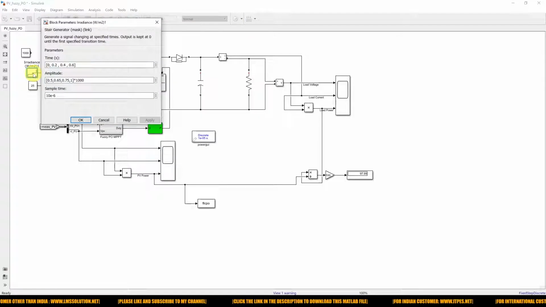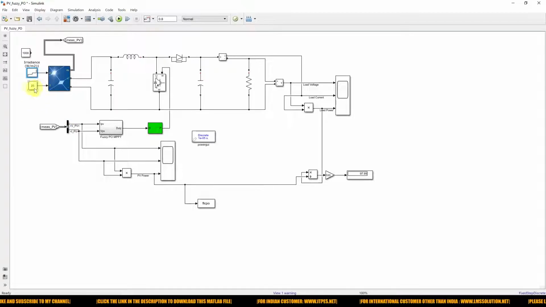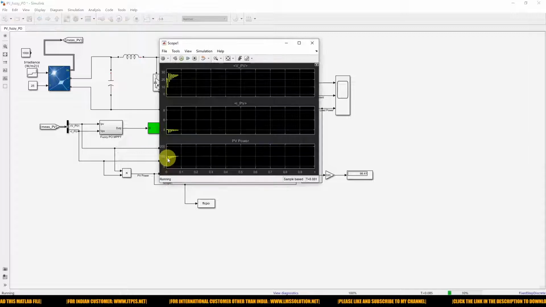Here I'm going to vary the irradiation from 500, 650, 750 and 1000 watts per meter square every 0.2 seconds, and fix the temperature at 25 degrees Celsius. Then we check the results of the system, whether the adaptive PO fuzzy MPPT extracts the maximum power or not.